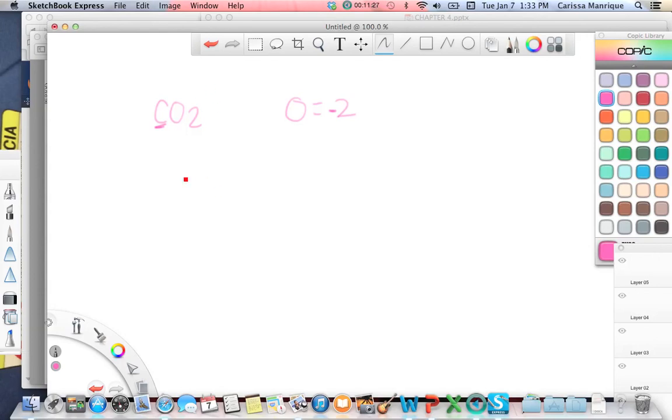So we have carbon, which we don't know, and 2 oxygens, and all of those oxygens have a -2 oxidation state, and overall this is 0. Carbon plus 2 times -2, which is -4, equals 0. We bring the 4 over, so the oxidation state of carbon is +4.